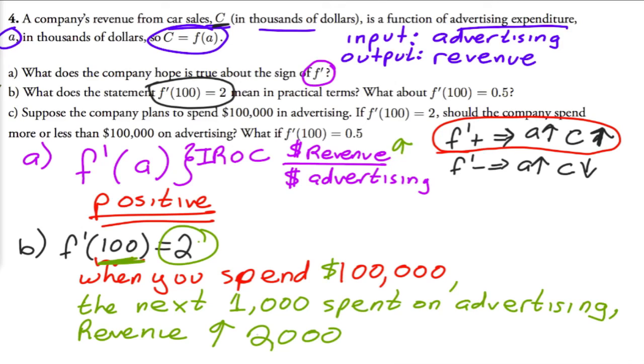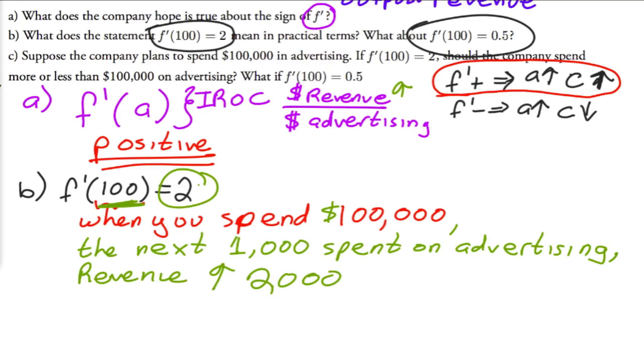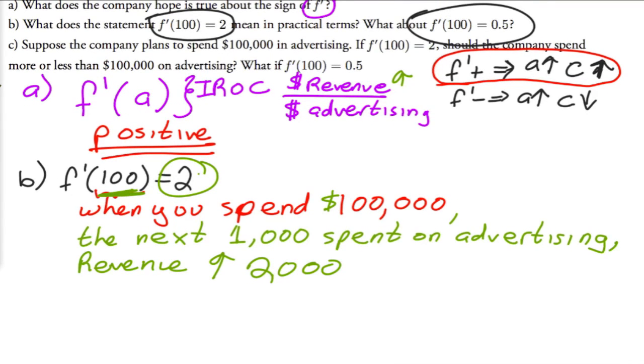Now, let's contrast that with f prime of 100 equals 0.5. Here, you say, oh, well, that's okay because it's still positive, so it's increasing.